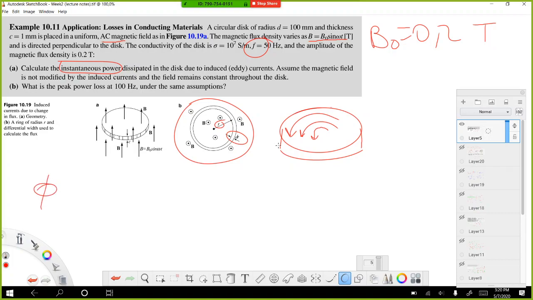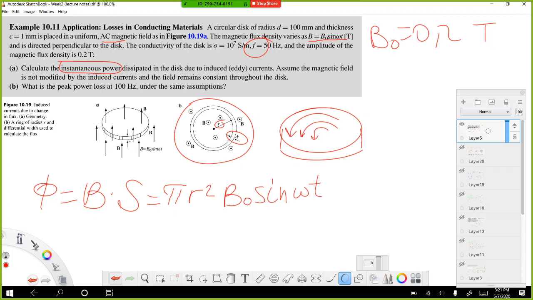Okay, we know flux equals B multiplied by the surface area of the loop, and the surface area can be written as πr squared, and B can be written as B0 sine omega t.